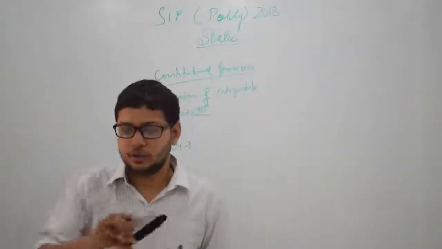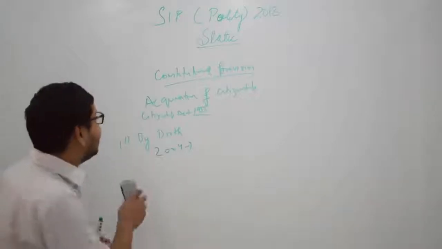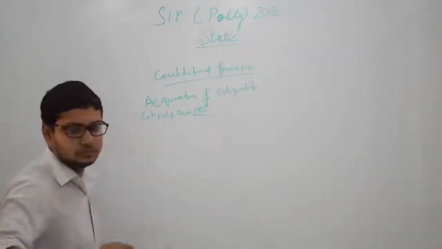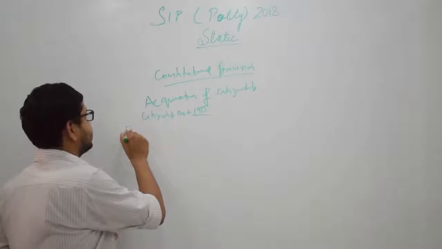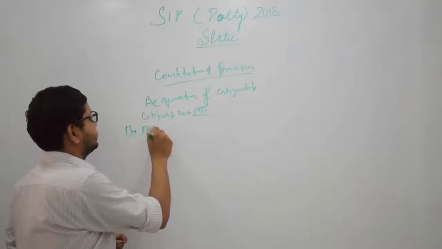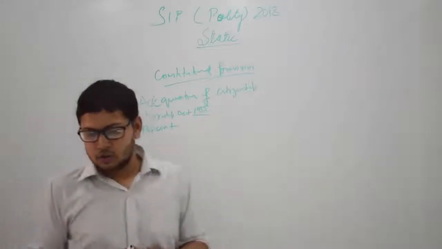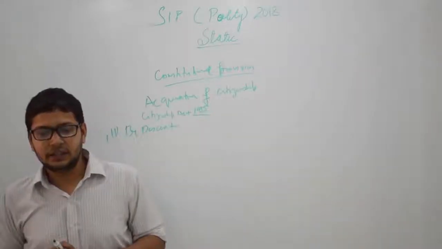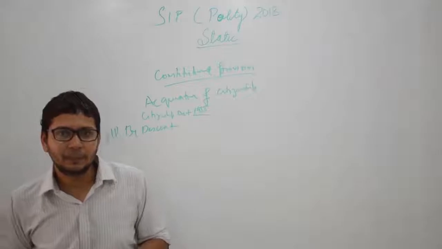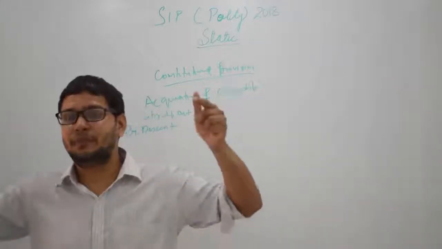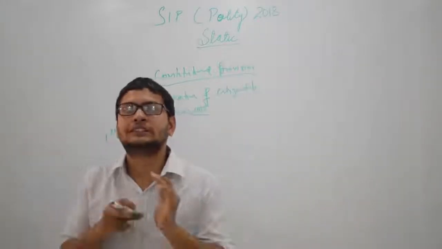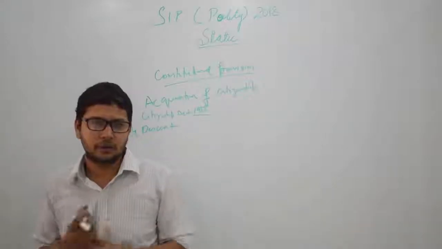Next method of acquisition of citizenship is by descent. So what do we mean by descent? It means that based on my descent, my parents, whether I would get citizenship of India or not.